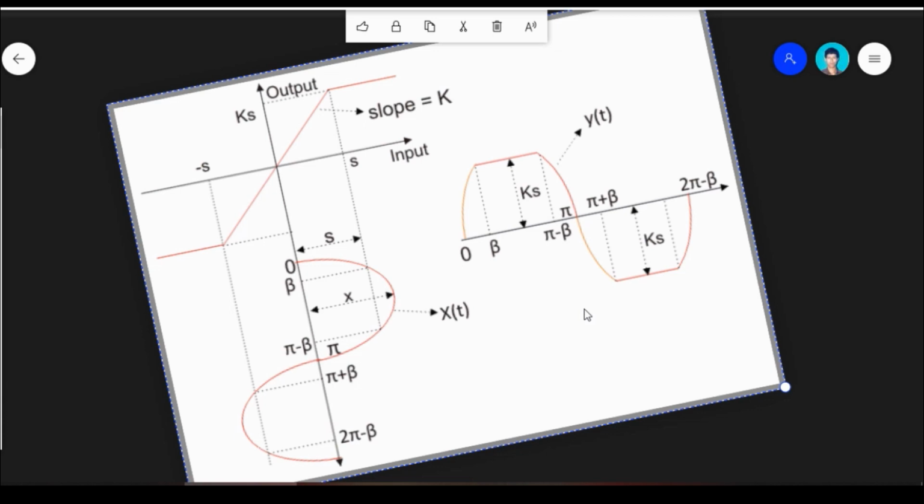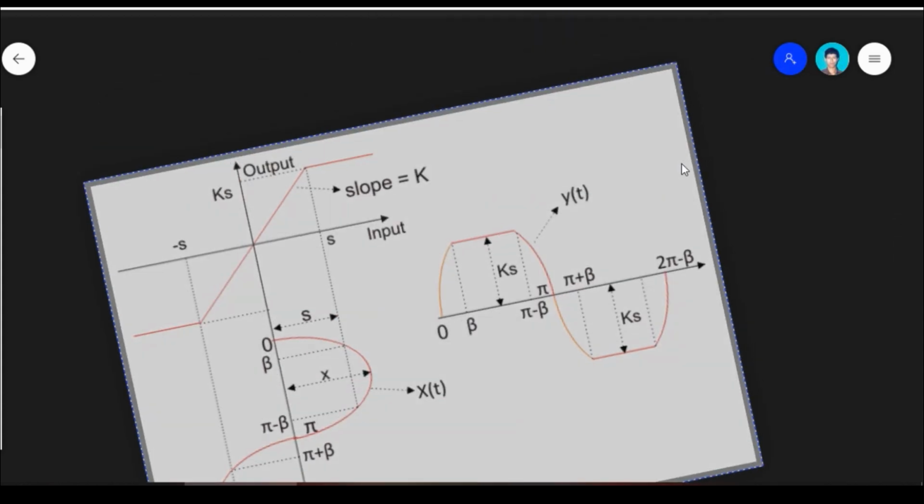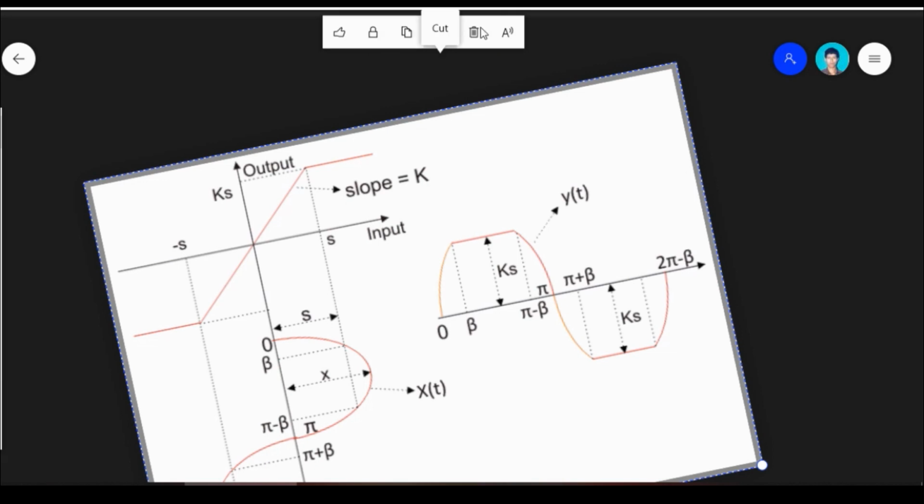In order to visualize this, let me give you one example. Say you have a linear inductor.